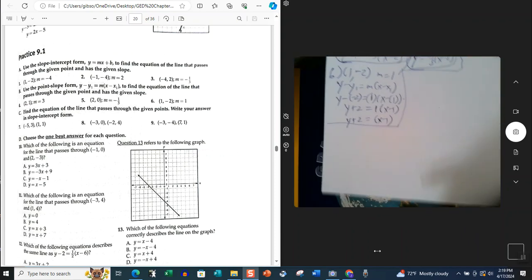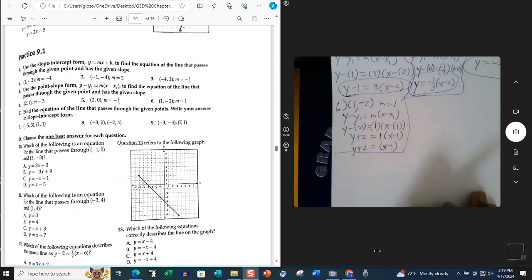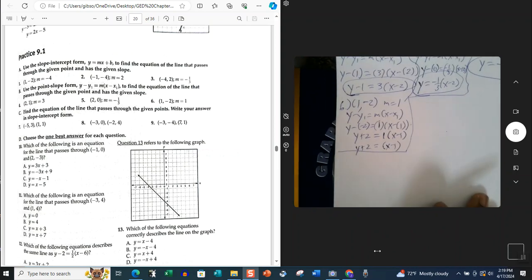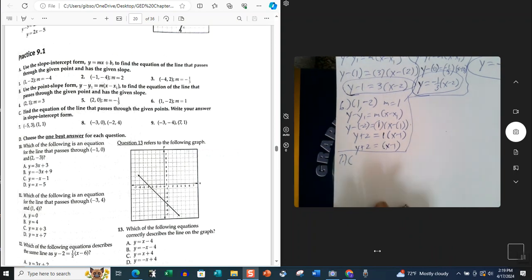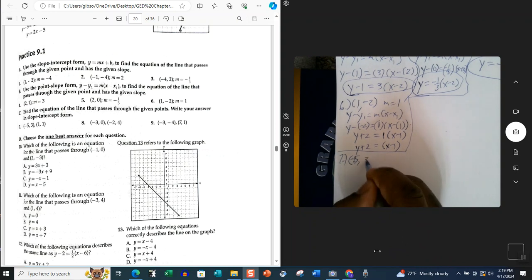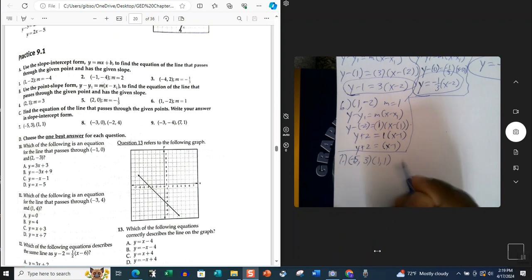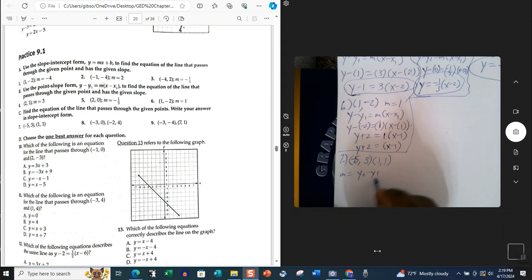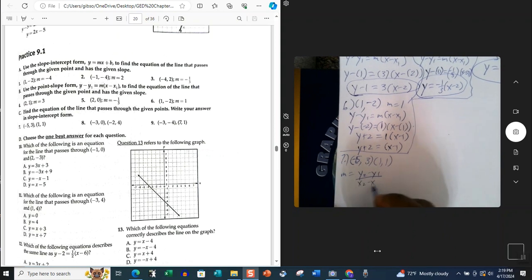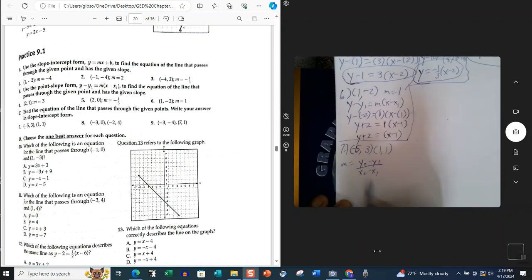First things first, we're going to find the slope. So with number 7, we have (negative 5, 3) and (1, 1). So the slope formula, you know, is y sub 2 minus y sub 1 over x sub 2 minus x sub 1.